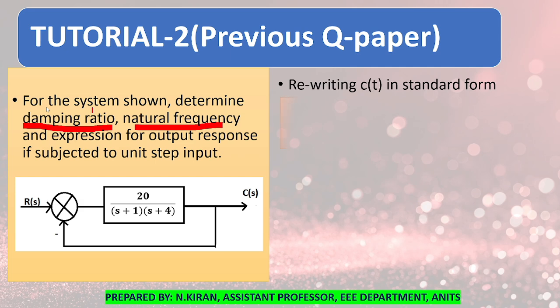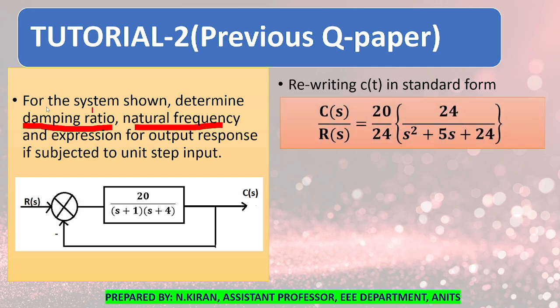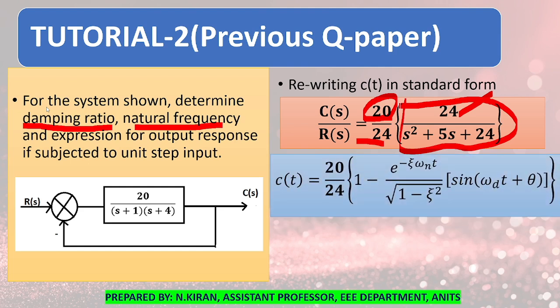So first let us write that expression which I obtained in standard form. I have taken 20 common in the numerator and I have multiplied and divided by 24. That will bring my expression to the standard second order form. Okay, so we know the expression.